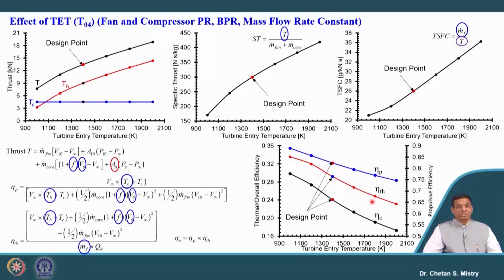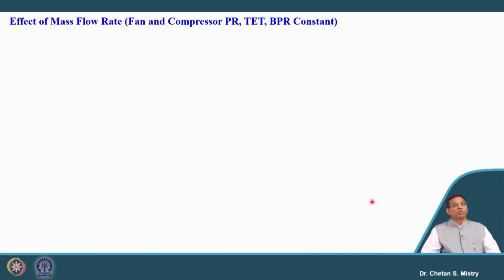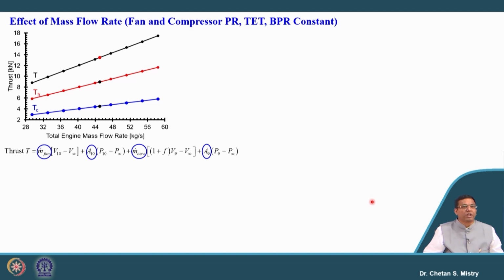Okay. So, this is just for representation purposes in order to understand how my cycle parameters are affecting my performance parameters. Now, let us look at what is happening with the mass flow rate. With increase of mass flow rate, we have increase of fan mass flow rate, increase of my core mass flow rate, and that will reflect in my area change.